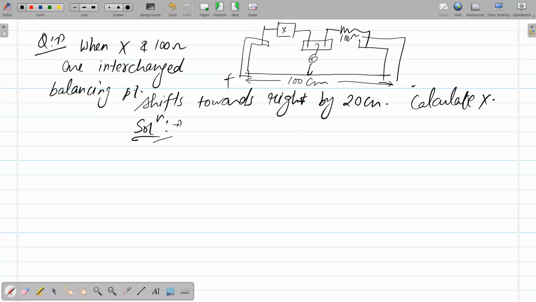Guys, let me tell you one simple thing. Suppose here you have balancing length L, right? Then definitely the remaining part here will be 100 minus L. Now, when you exchange these two, the balancing point shifts towards the right by 20 centimeter. That means initially I can make this equation. Is it clear? Number one.